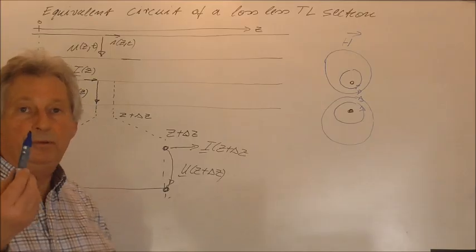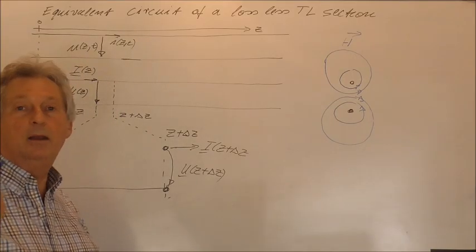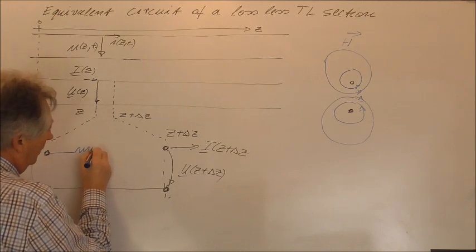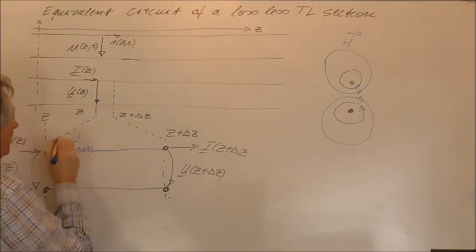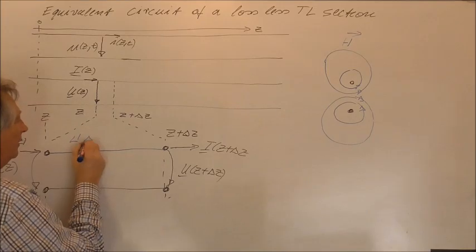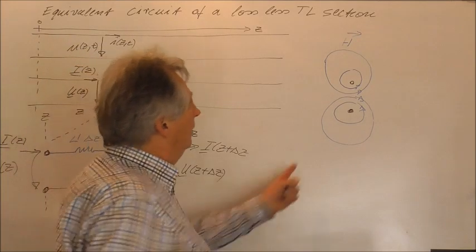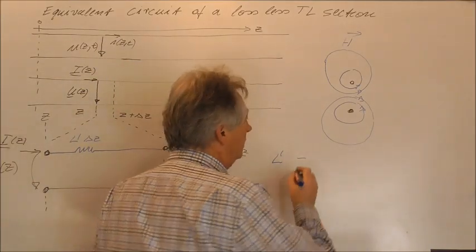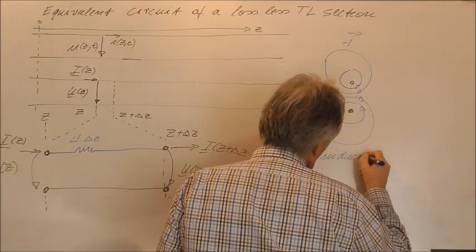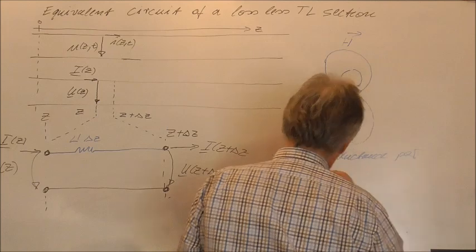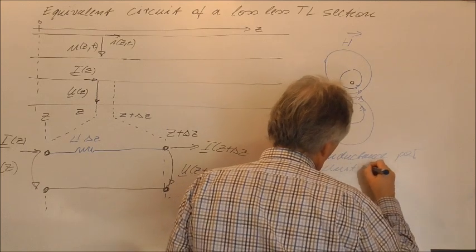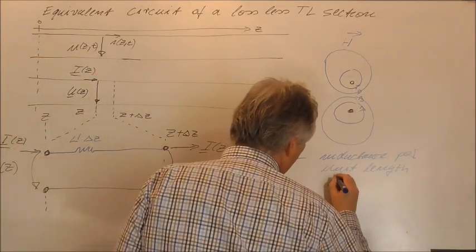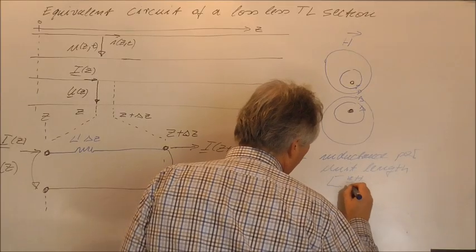And to describe the stored magnetic field energy by a lumped element, we will introduce here an inductance, but we will say this inductance is L prime times delta z, and we can say the magnetic field between the lines will result in an L prime, which is an inductance per unit length, and it will be measured in, for example, nanohenry per meter.